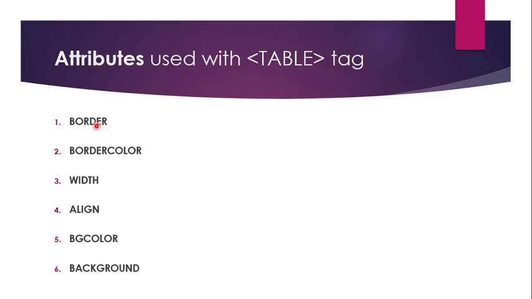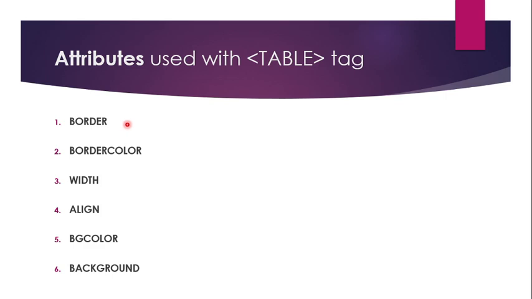After creating a table, you need your table to look attractive and grab the attention of the audience. So for making your table look good, there are 6 attributes that you are going to use with the table tag, the very first tag we have studied.